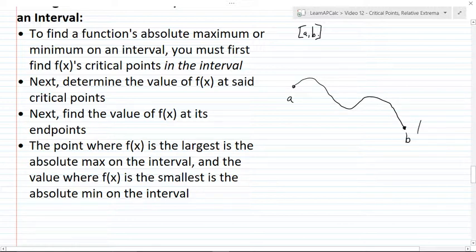Okay, so this is our function, and we want to find the absolute max and absolute min just from looking at this. Well, here we have a relative max, but we also have an absolute max.